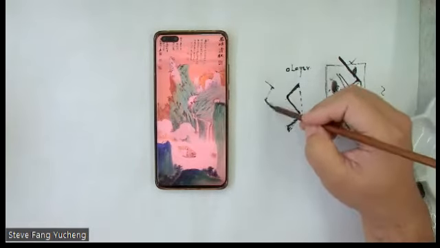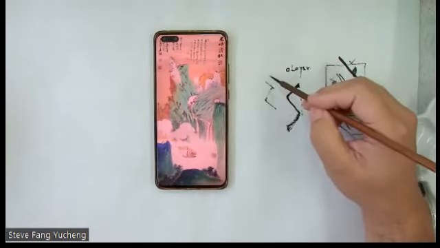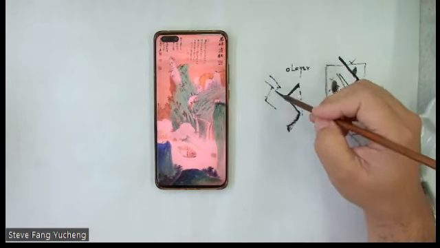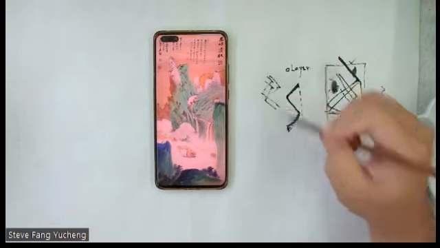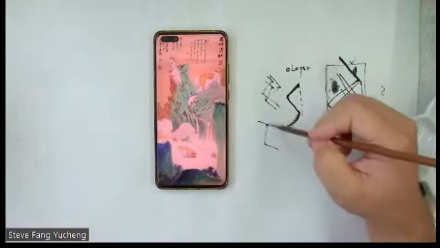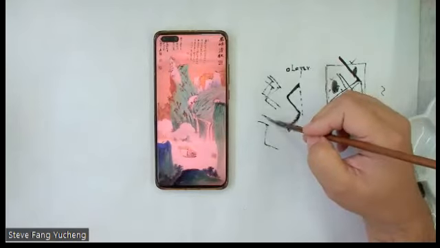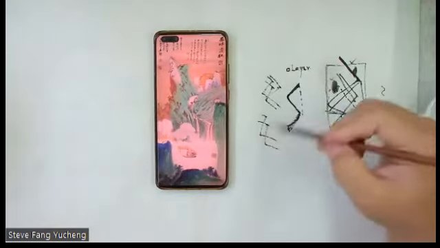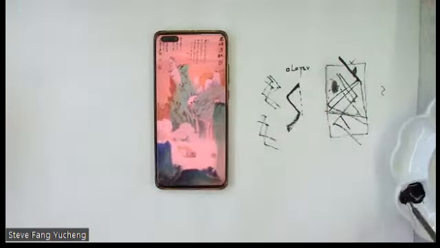So the double S in this painting is more like this way. Sorry, no, wrong one. This way. This type of composition. So in traditional paintings, if you look at all those famous paintings, it can always come back to the classic composition.